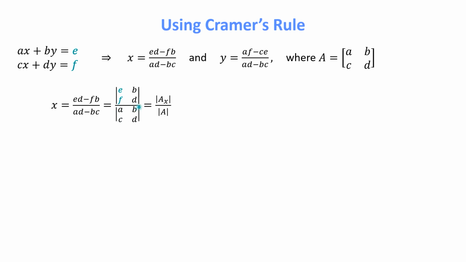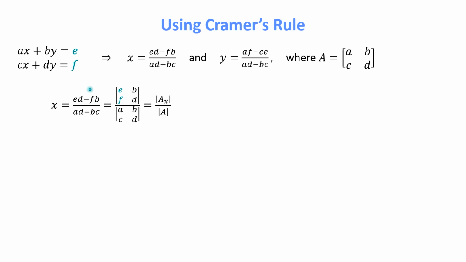So here we have the determinant of the coefficient matrix A. Now, if we look at the numerator, if we replace the first column of the coefficient matrix, that is a and c, with these constants e and f, which come from the system of equations that we're trying to solve, we see that the determinant of this new matrix is indeed ed minus fb.